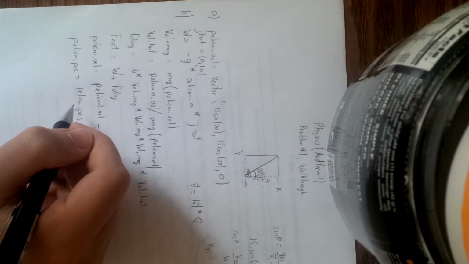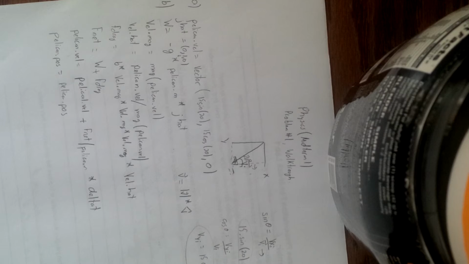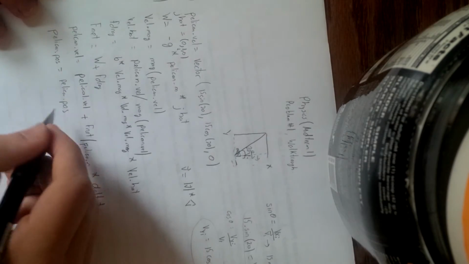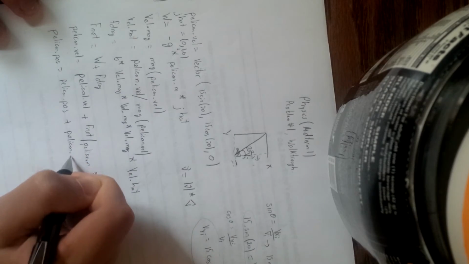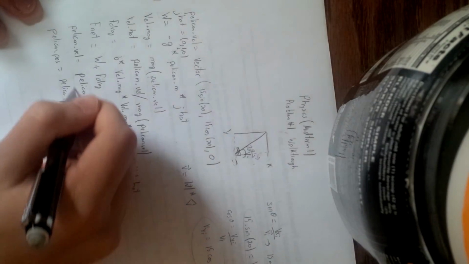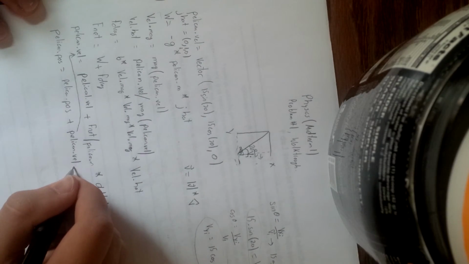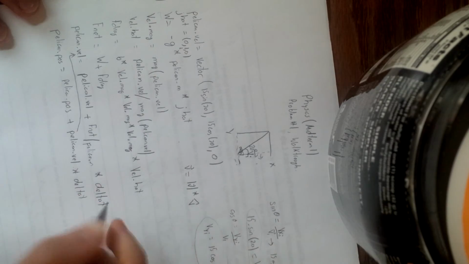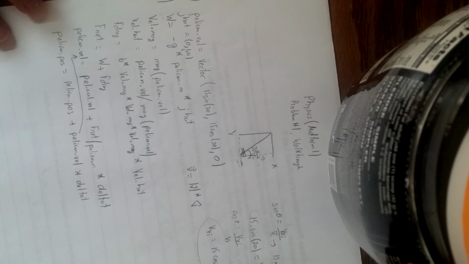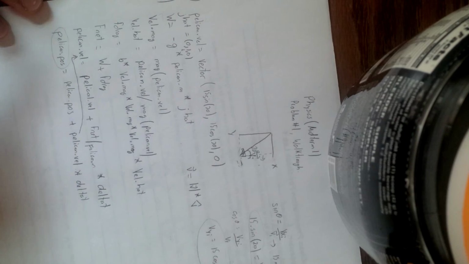Recall that the initial position is the vector 0, 0, 0, which is also given in the problem, plus pelican.vel, which is this value over here, which you calculated previously, times delta t.